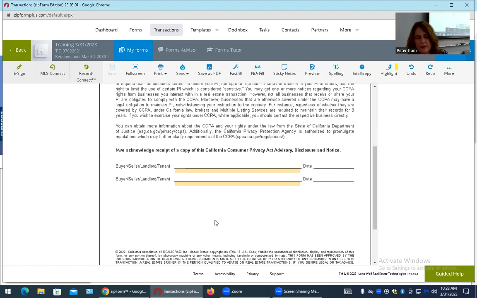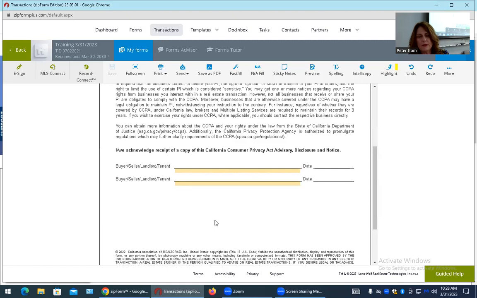So written things on the MLS, you need to bring them into the contract. If a listing agent has said that they're going to include the refrigerator, but you didn't ask for it on the contract, that's not a good thing. Make sure that anything that you want to stay or be excluded is asked for, even if it was documented on the MLS and the agent remarks.